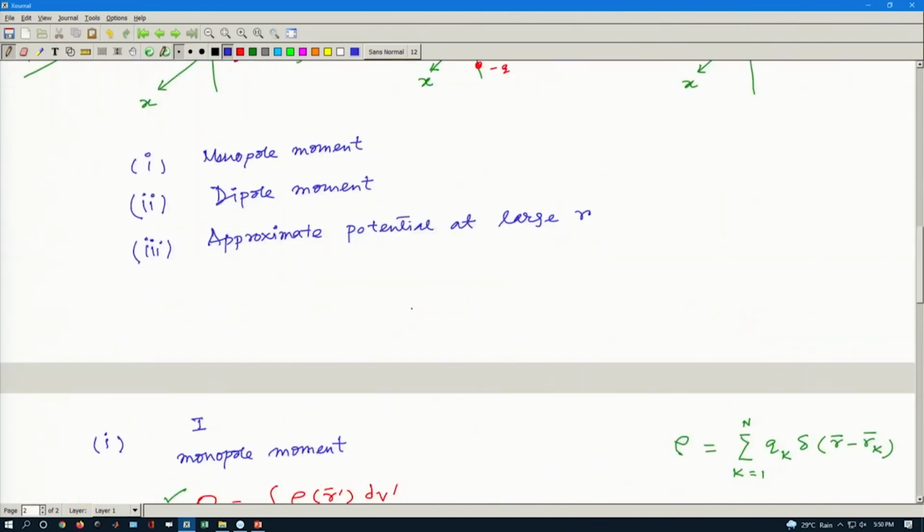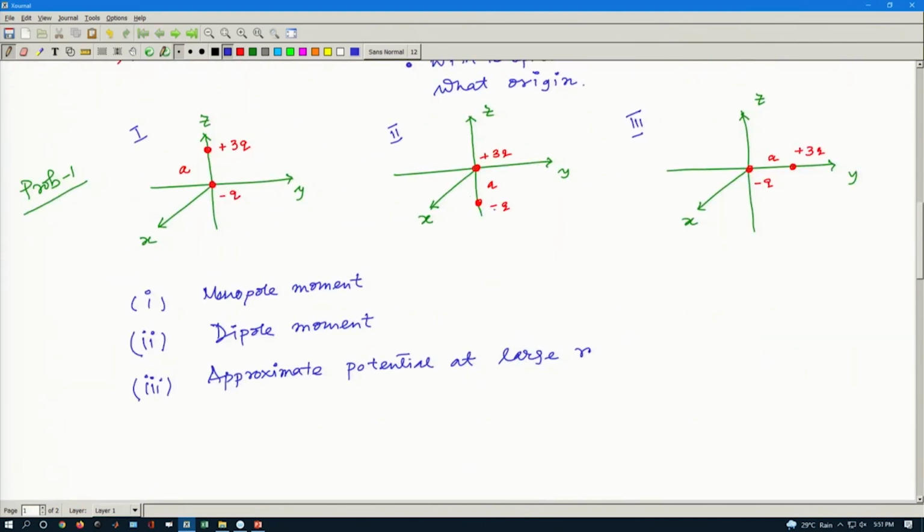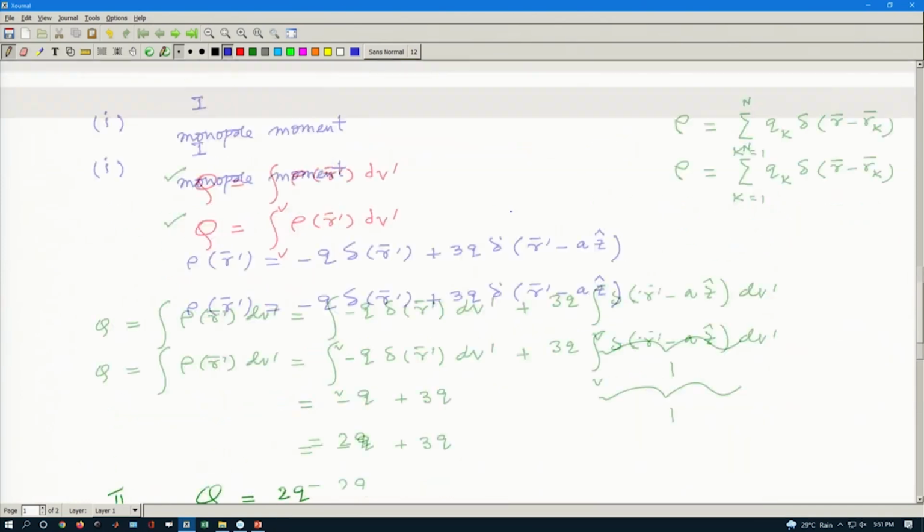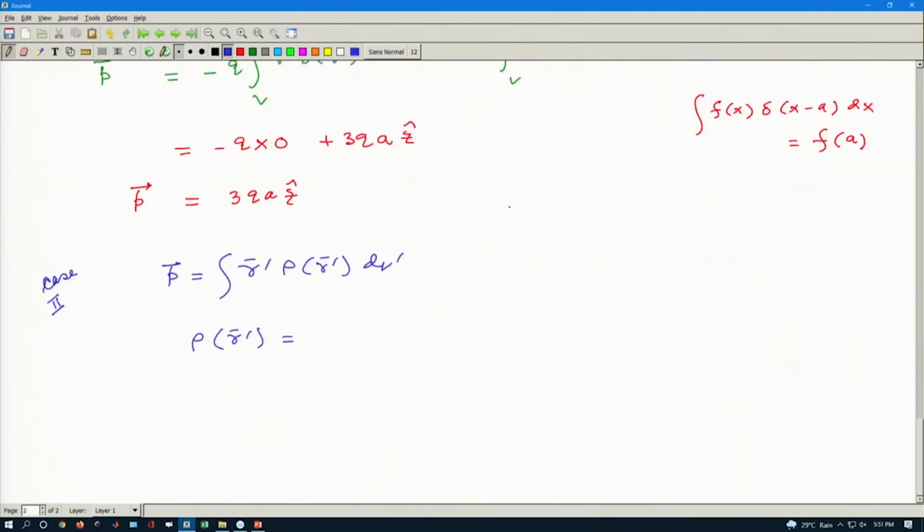So, 3q is sitting at the origin and minus q is sitting in the minus direction of z, and that means I simply have rho equal to 3q delta r prime and minus q delta r prime plus a z unit vector.